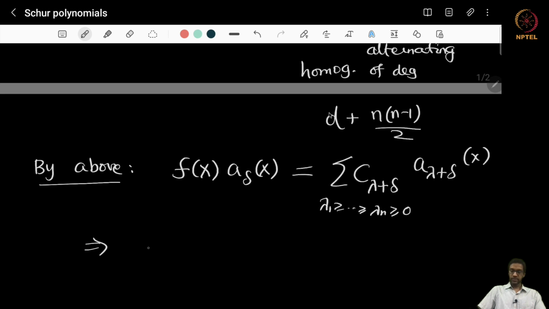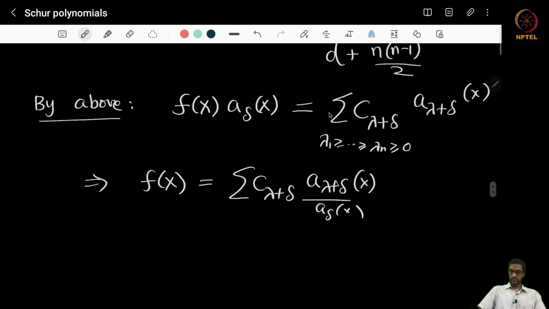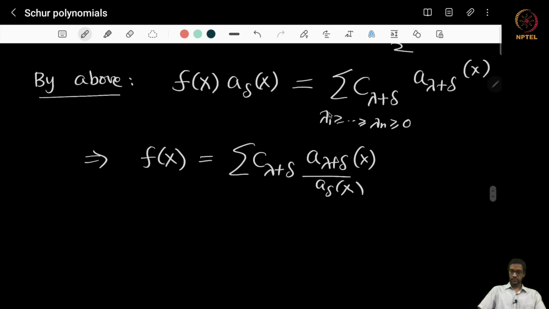This becomes summation, and those are the Schur polynomials. Okay, now lambda of course varies.